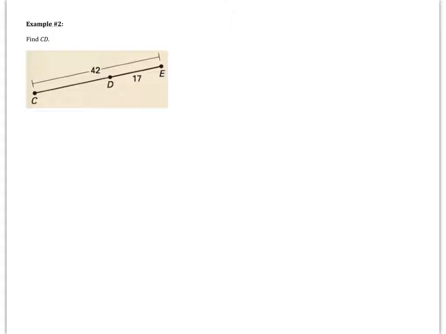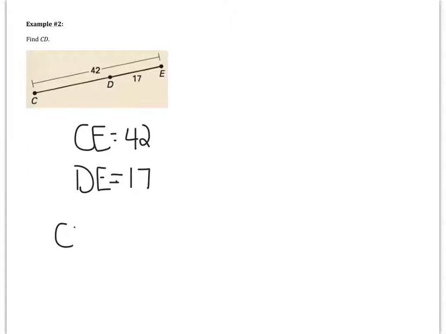So here's example number 2. It asks us to find, and again, notice how I'm going to read this, find the length of segment CD. So they're asking for this length right here. We are given that CE is equal to 42, and we're given that DE is equal to 17. According to the segment addition postulate, we would know that CD, the smaller segment, plus DE, the other smaller segment, would equal the total segment CE.